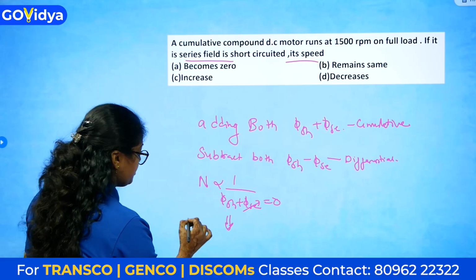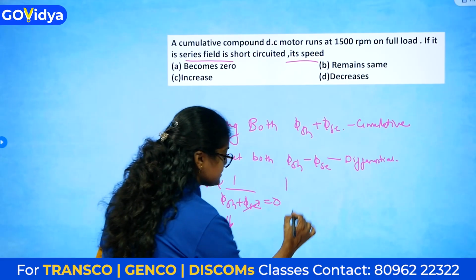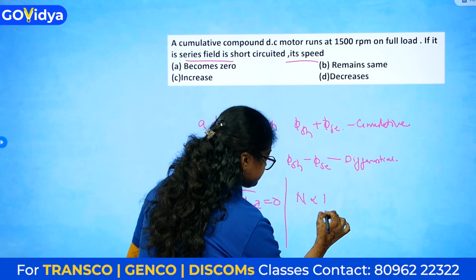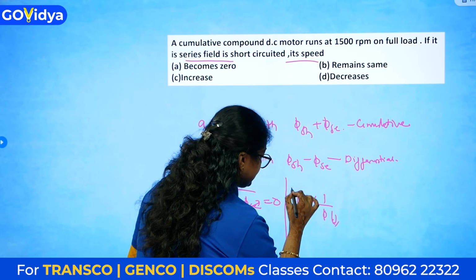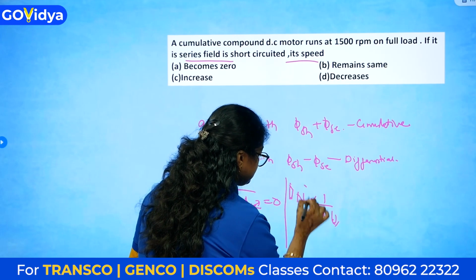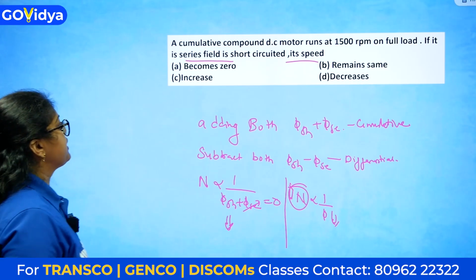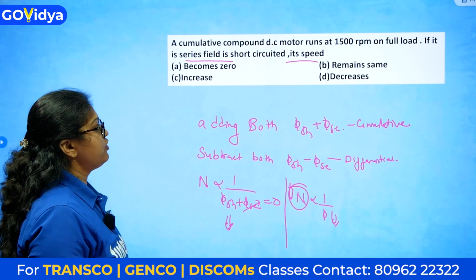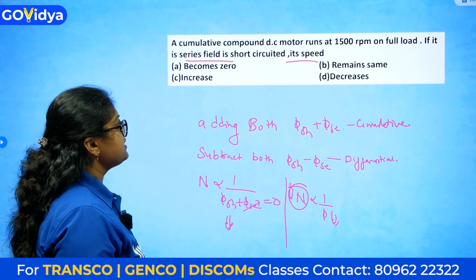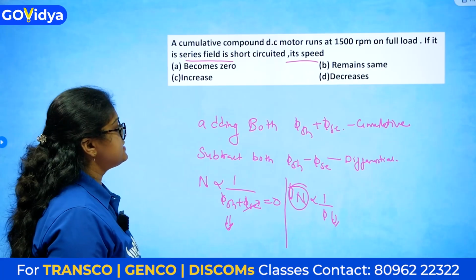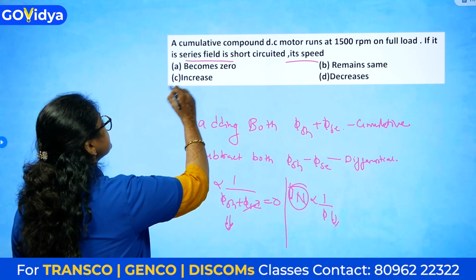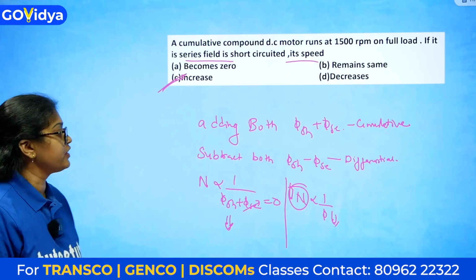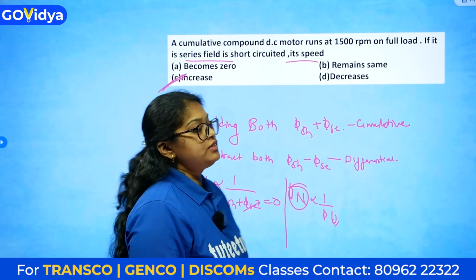If the flux is reduced, definitely the speed will increase. Does the speed become 0? No. Remains the same? No. Increases? Yes, it increases. The speed will increase as the flux is decreased. So thank you everyone.